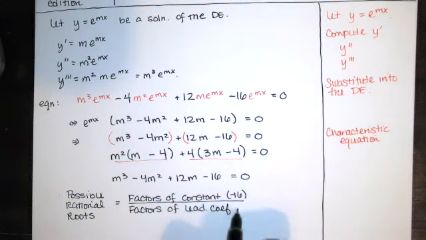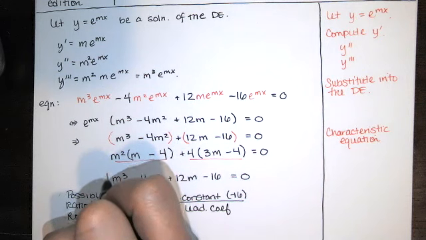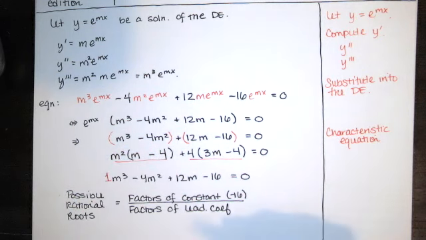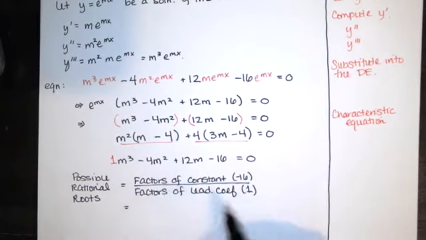And of course, there's nothing there, so the leading coefficient is an implied 1. So we want factors of 16, negative 16.